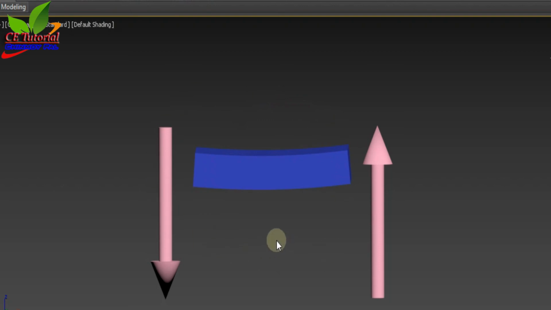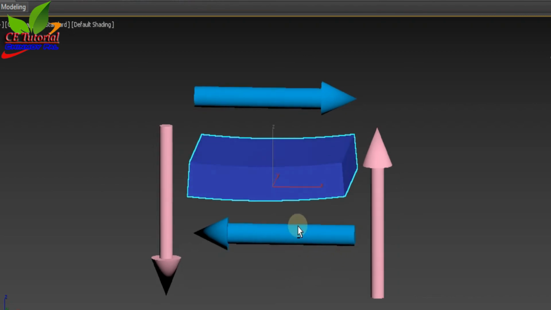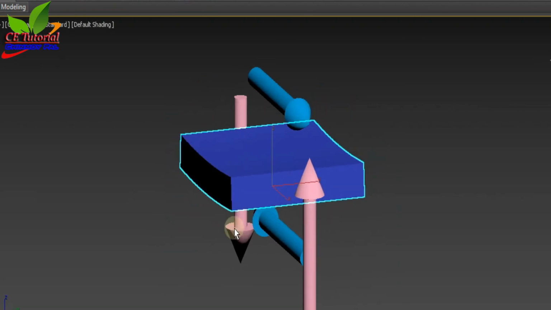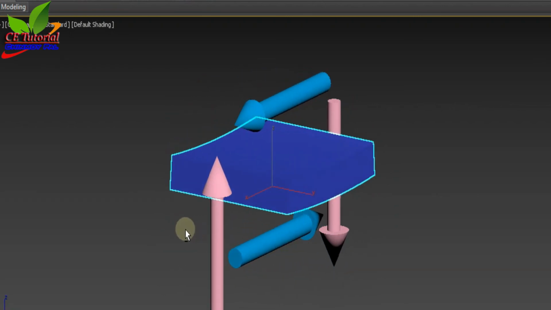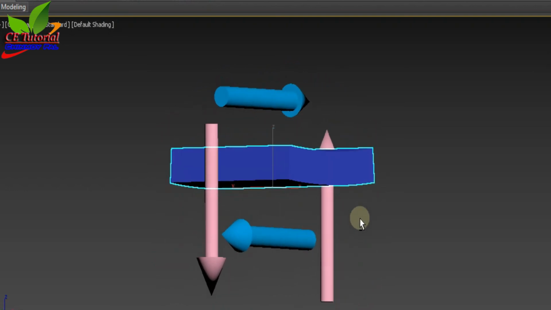But the condition is that our structure should be kept in an equilibrium position. To keep this body in equilibrium, a clockwise moment should be there. That means a horizontal shear stress and a vertical shear stress are exactly the same in magnitude and opposite in direction.